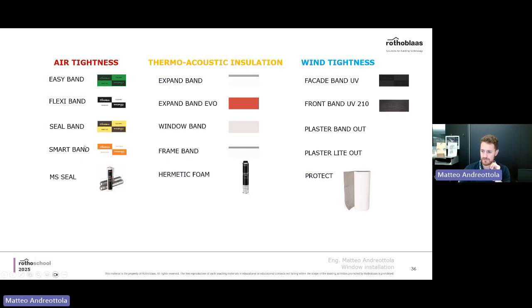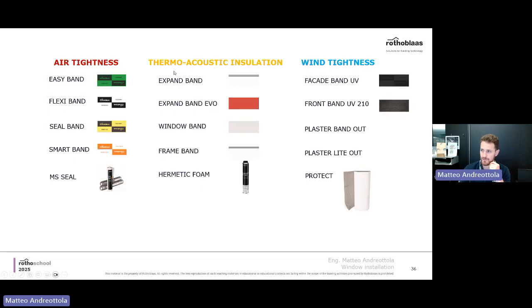Other interesting ones are also smart band. This is a butyl based band, so it's very interesting because it's super stretchy. You can use it on corners, for instance, and it's self-sealing. That means if you go through it with a screw, it automatically closes the holes that you're making.